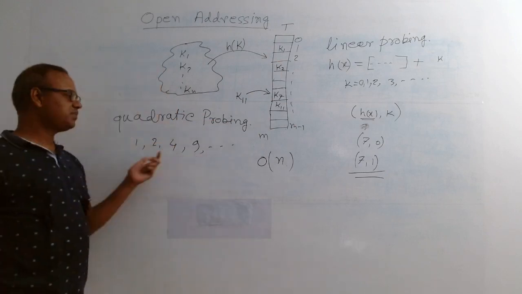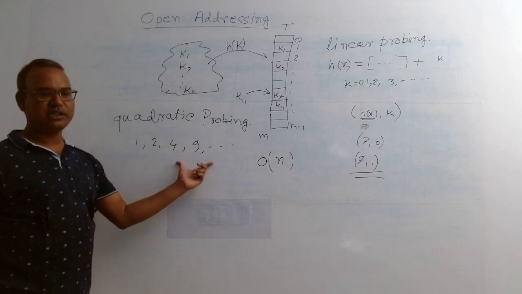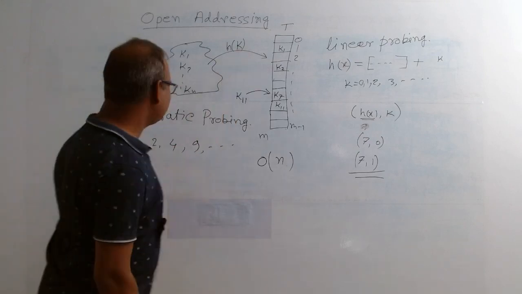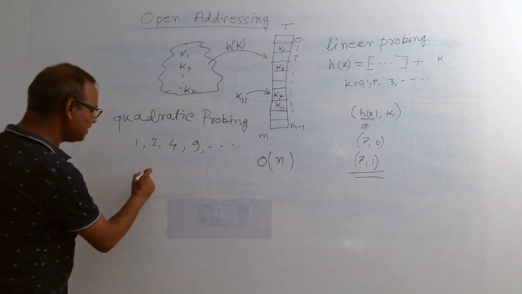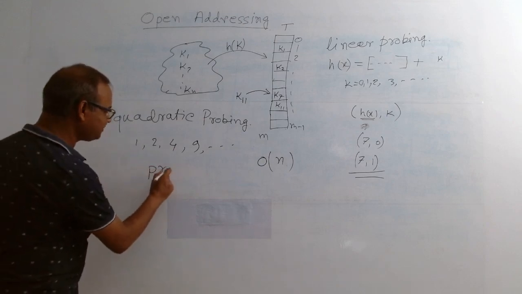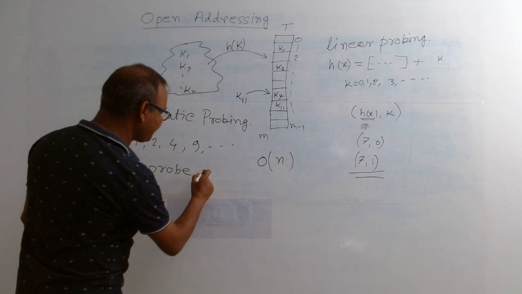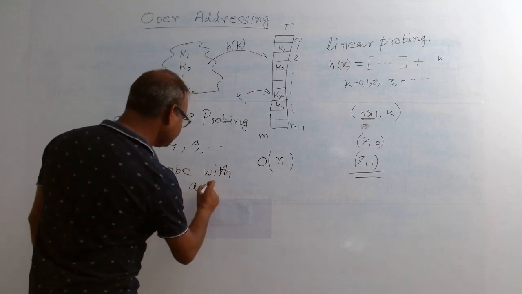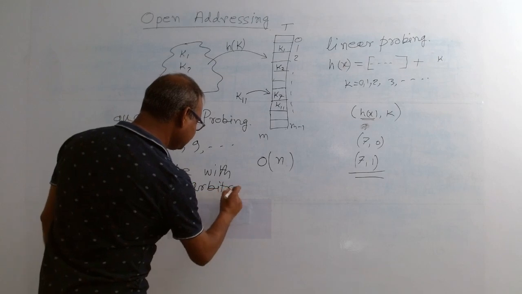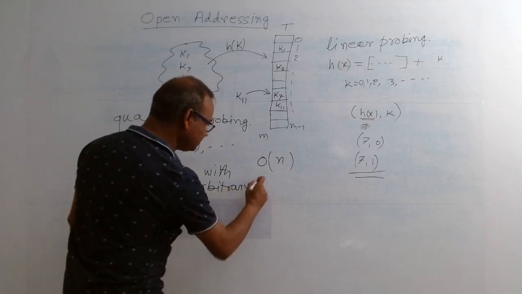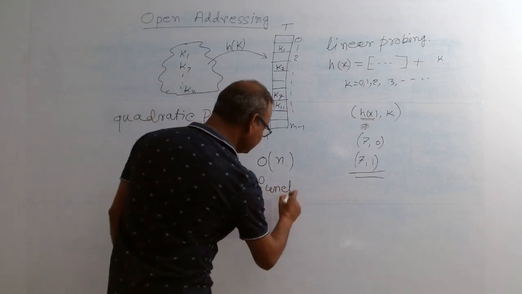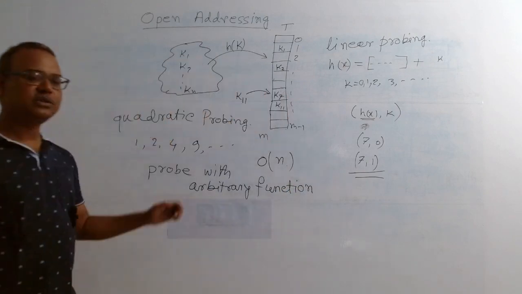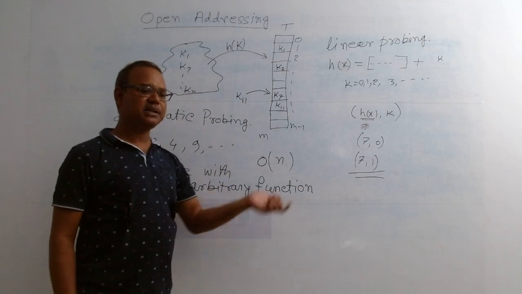So this type of probing is called quadratic probing, or linear probing, quadratic probing. We can probe with an arbitrary function. That is also possible if you want to implement using any arbitrary function.